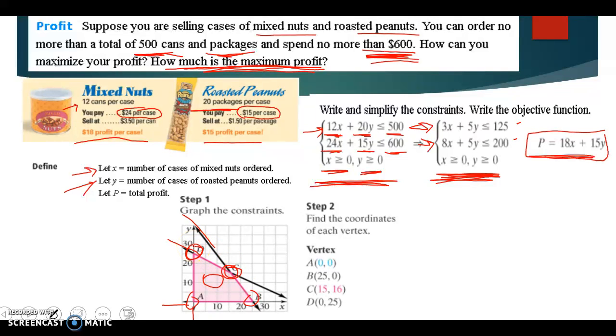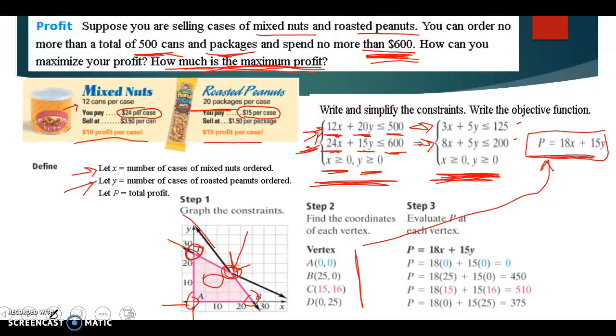If you have a hard time figuring out what a point is, that's the intersection of 2 lines. You can take these 2 equations and use substitution or elimination to figure out where they intersect, or what the solution to that system would be. Once I get those vertices, I'm going to plug them back into my objective function to maximize my profit.